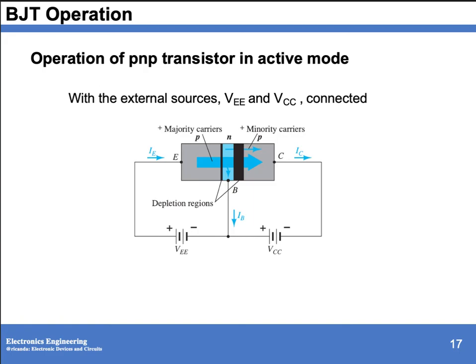Since the sandwiched N-type material, or base region, is very thin and has low conductivity, a very small number of these carriers will take this path to the high-resistance base terminal. The large number of these majority carriers will diffuse across the reverse-biased junction into the P-type material, which is connected to the collector.